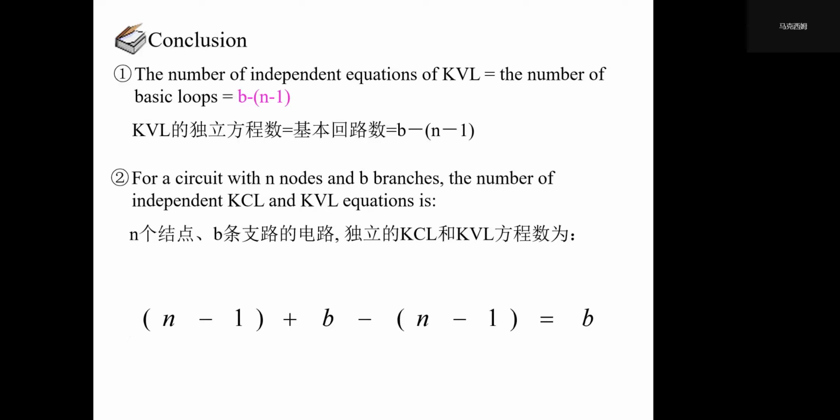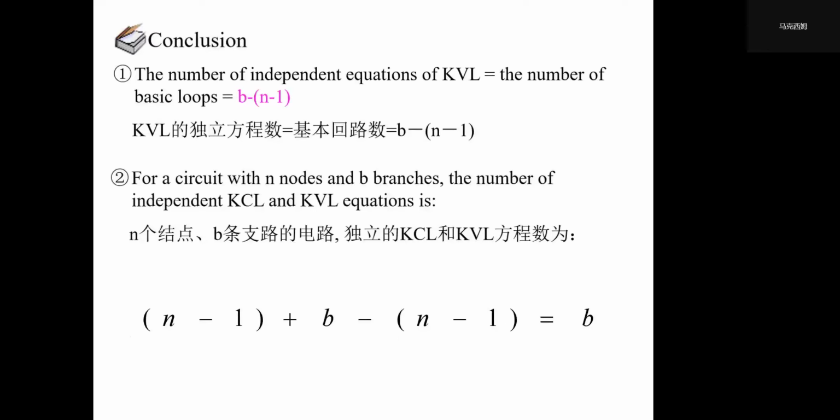And for a circuit that has n nodes and b branches, the independent KCL and KVL equations together will number b. So b is the number of branches. And from this interconnection, we can conclude how to list the KCL and KVL equations for any two-dimensional DC circuit.